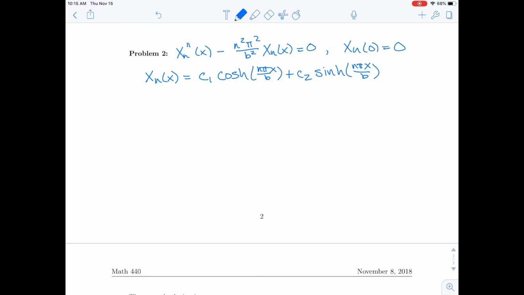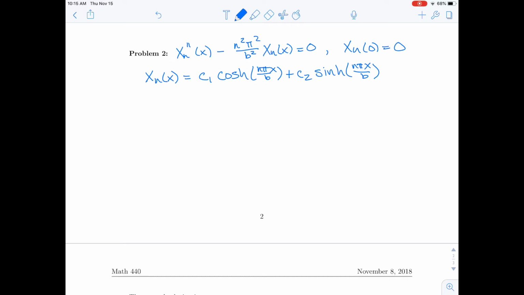We could have also written the solution as x sub n of x equals C1 e to the n pi x over b plus C2 e to the minus n pi x over b. But you'll see in a moment that writing this as the sum of sinh and cosh will make dealing with the boundary conditions a little bit easier.